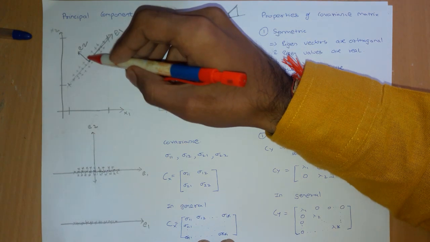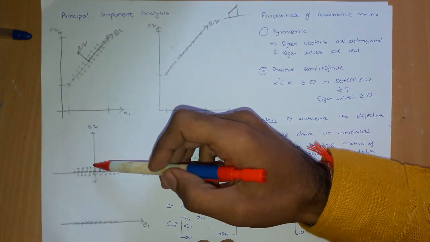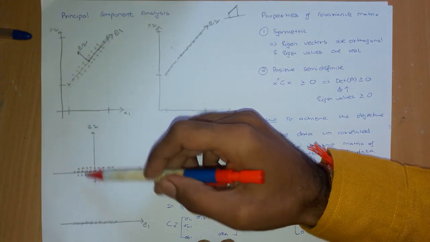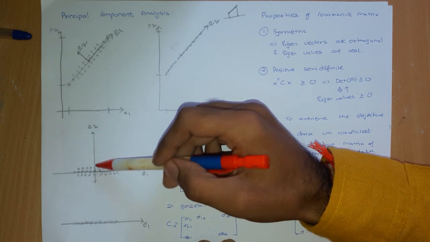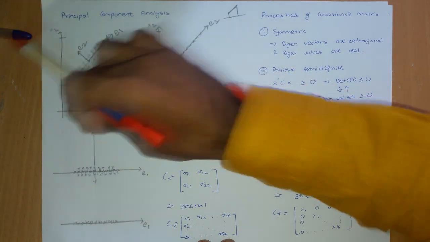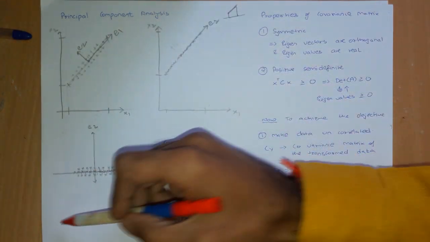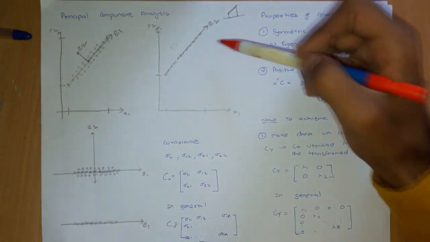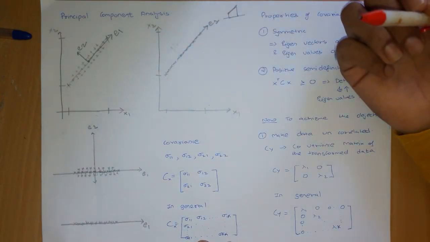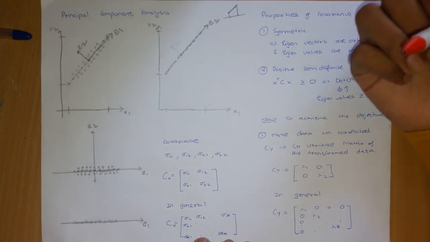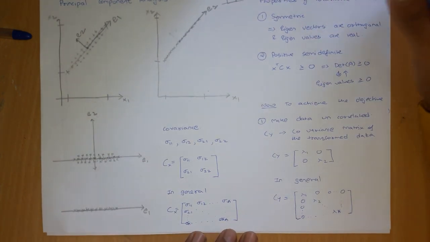So these both are orthogonal, and then we effectively remove the direction where the variance is very less. Here you can see the variance is very less, so we remove this direction, and we reconstruct, going back to our x1 x2 space, and we have this particular thing over here. Okay, so that was about the visualization.